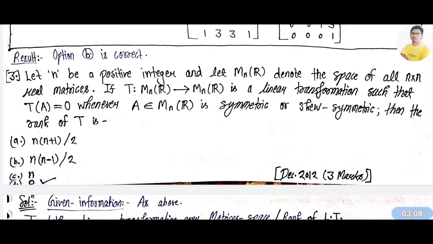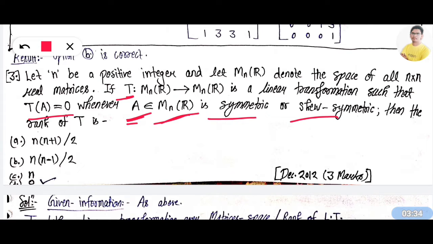This transformation maps those matrices of M_n(R), n cross n real matrices, but there is another restriction: all those A must be either symmetric or skew symmetric. So this transformation maps to 0 all those matrices which are either symmetric or skew symmetric.